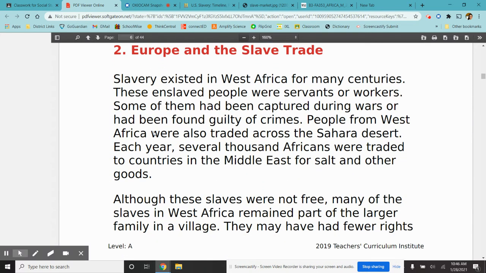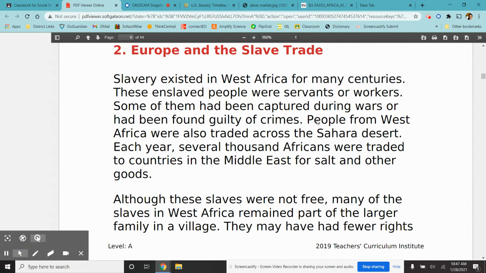So we can say before Europeans, West Africans were enslaved as servants or workers. Oh, we can't highlight. It's right here. Enslaved people were servants and workers.